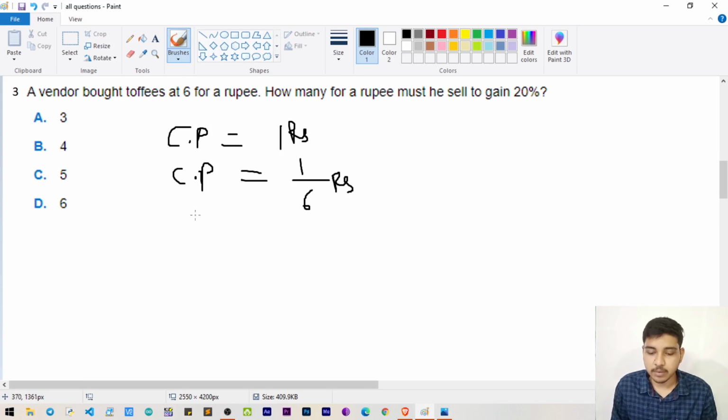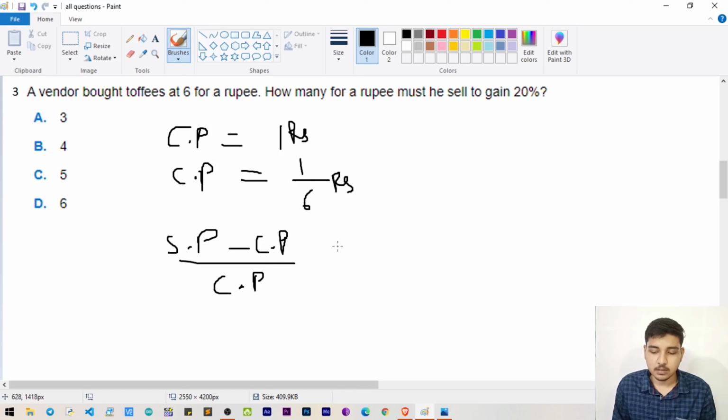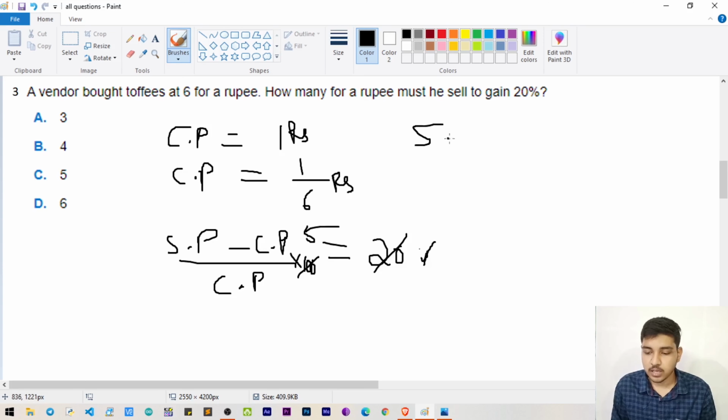We don't know the selling price, and so the profit percentage is selling price minus cost price by cost price into 100 is equal to 20%. So this 20, 100 will cancel 5 times, and we will get SP is, we don't know SP, so SP is still like that, and we know CP, right?